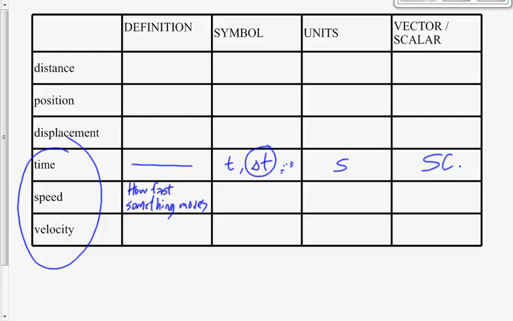We're going to call it a V. Units would be kilometers per hour. Standard units are meters per second. If in doubt, go with meters per second. Vector or scalar? How do you know?